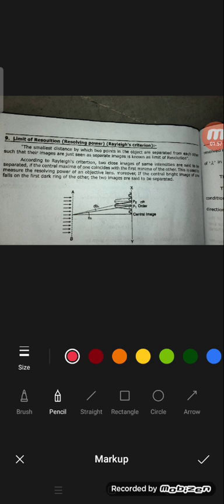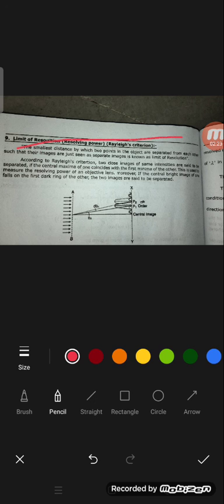So to know the diffraction grating resolving power, the definition is the smallest distance by which two points in the object are separated from each other such that their images are just seen as separate images, known as limit of resolution or resolving power.